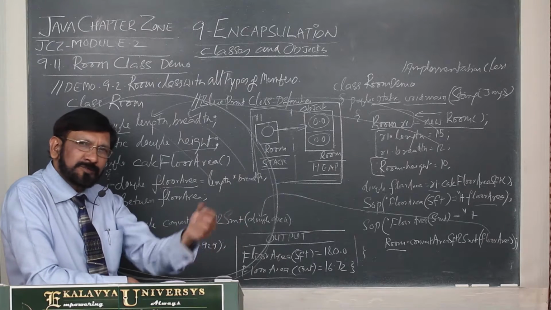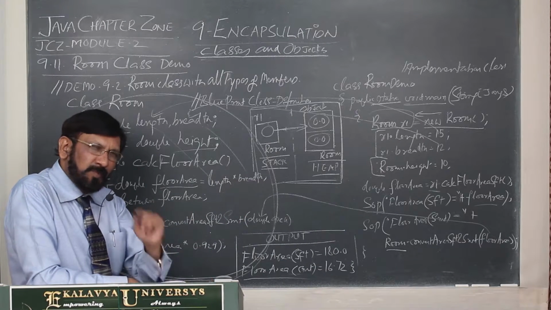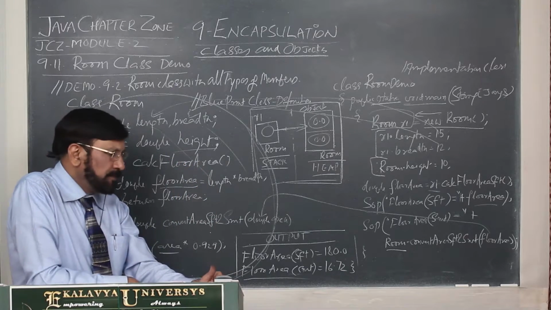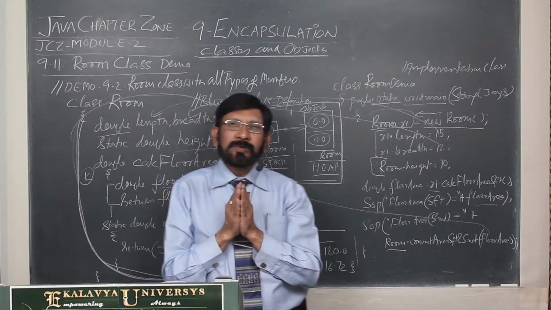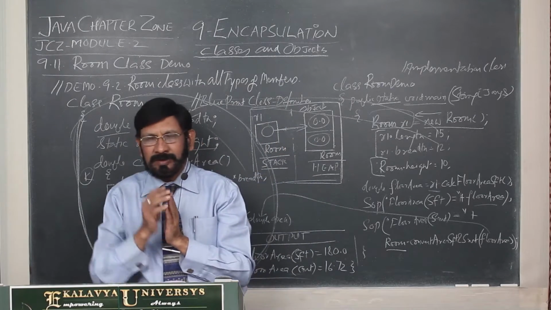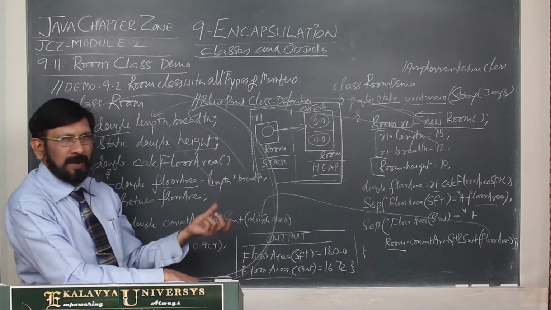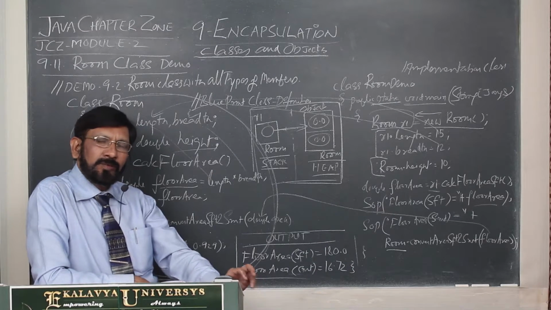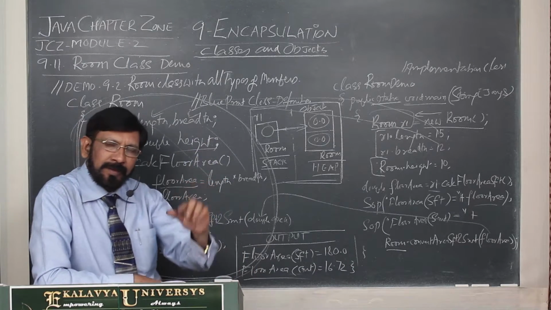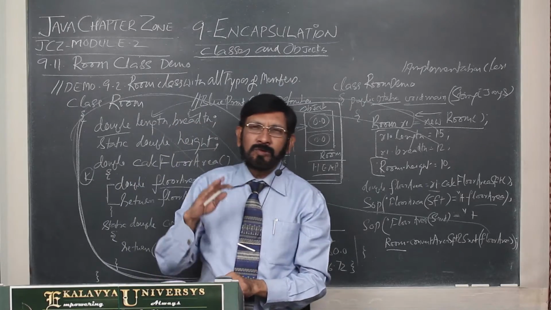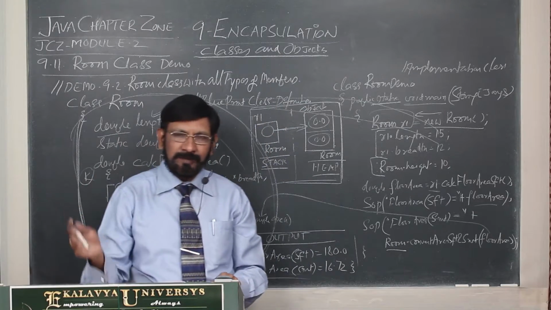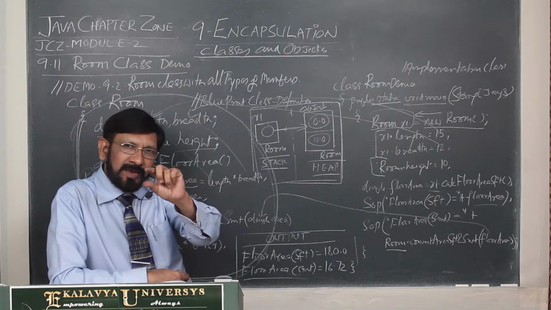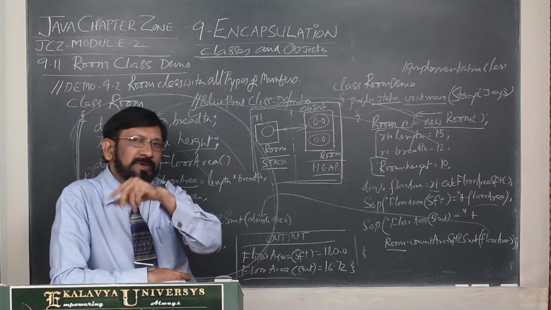Square centimeters into square inches I have given. One more example for your assertion sake I am giving. Suppose you are writing a cash bill program. In a cash bill program, ultimately you have a bill amount, and you want to round off that amount. For all bill amounts, the final amount should be rounded off.